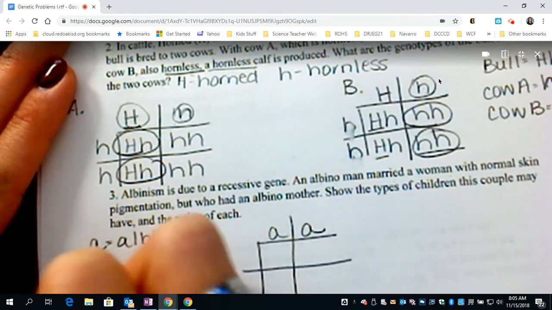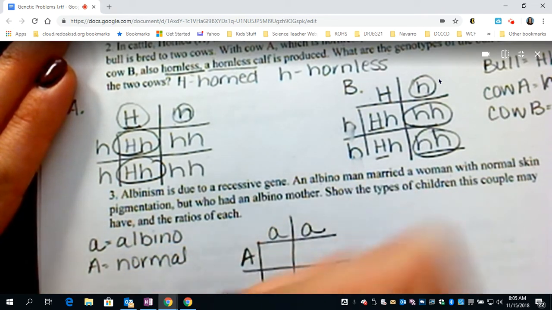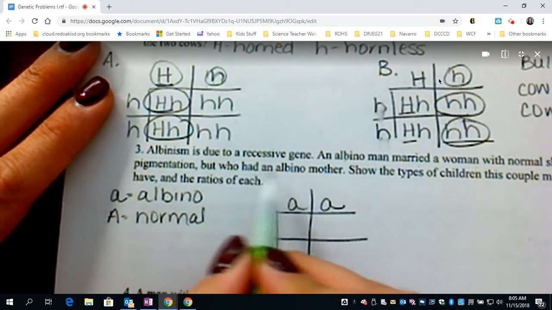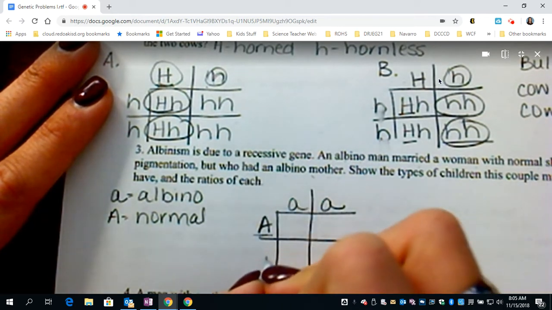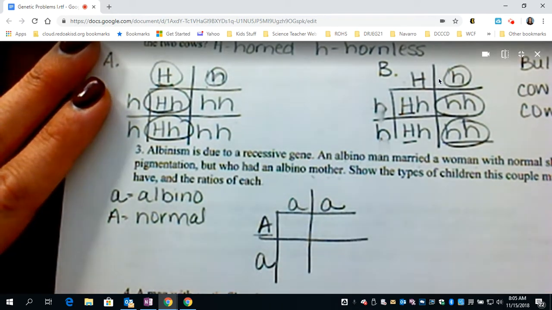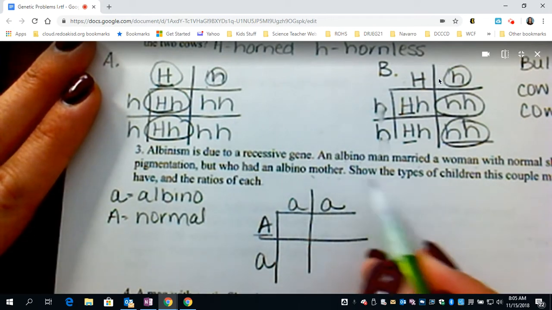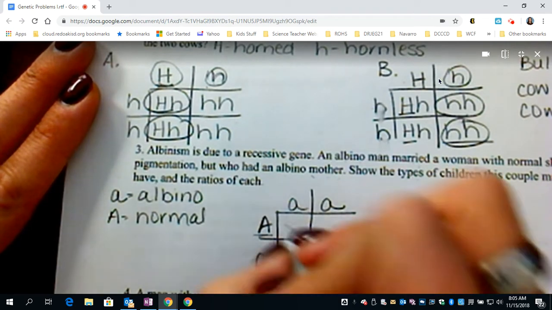So capital A would be normal, and that's why I put a capital A there, because I know she has normal skin. But it says she had an albino mother. If she had an albino mother, she has to be a carrier for albinism because her mom had two little letters. Show the types of children this couple may have and the ratios for each.